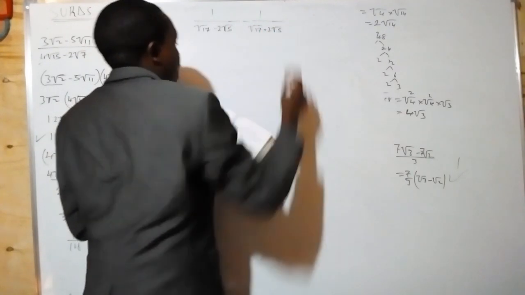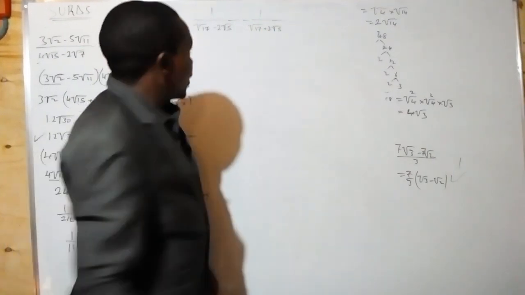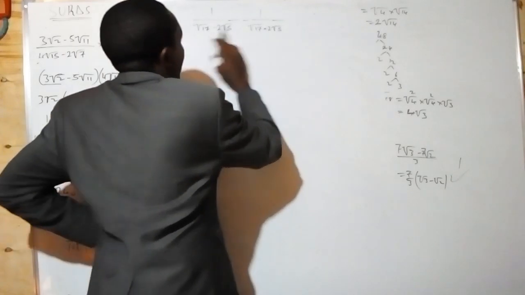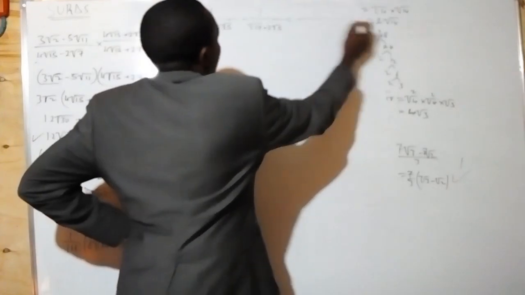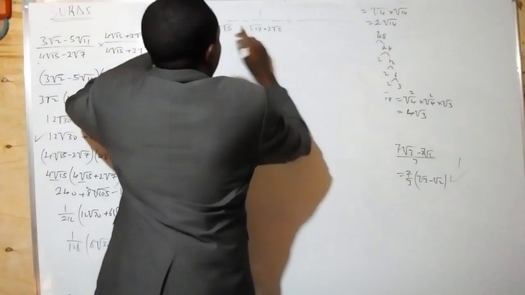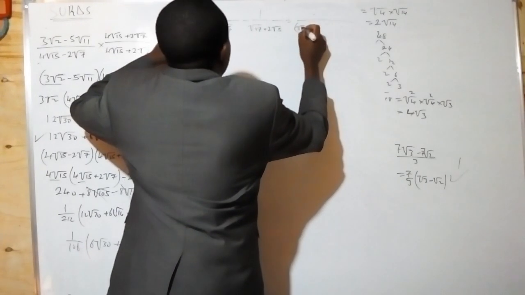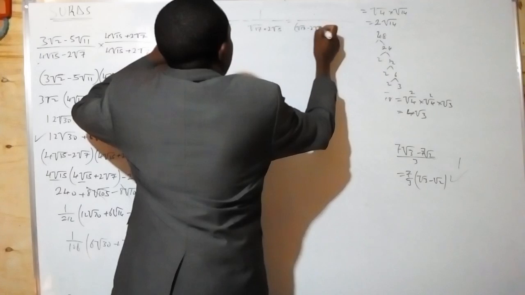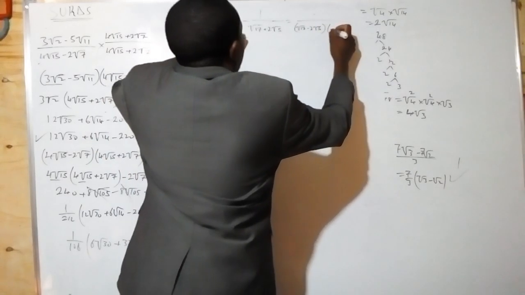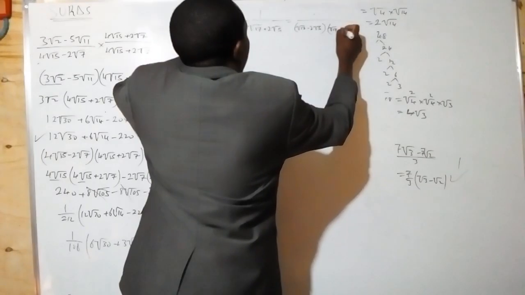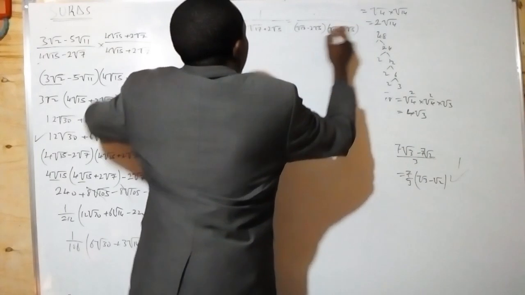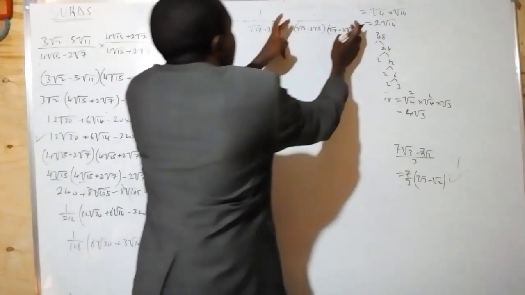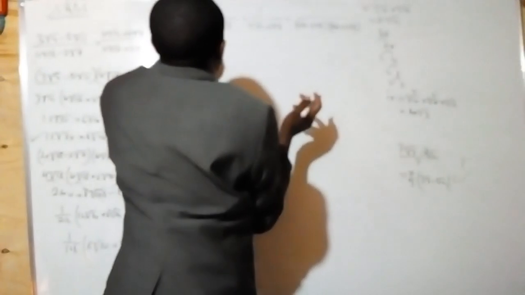The first thing we are going to get the LCM of the 2. The LCM will be all these denominators. Open the bracket, root 17 minus 2 root 5. Then the bracket root 17 plus 2 root 5. The whole of this you divide by root 17 minus 2 root 5.